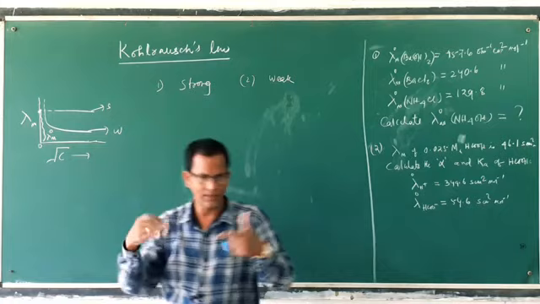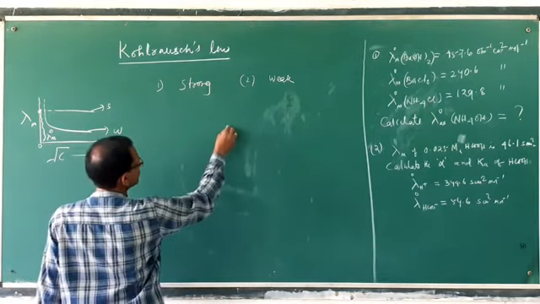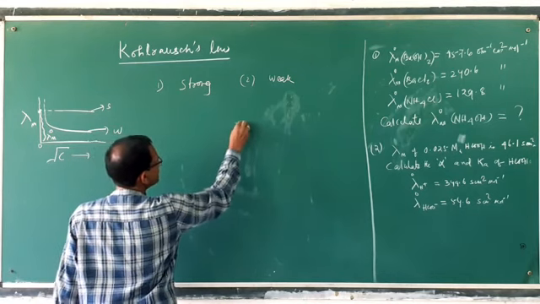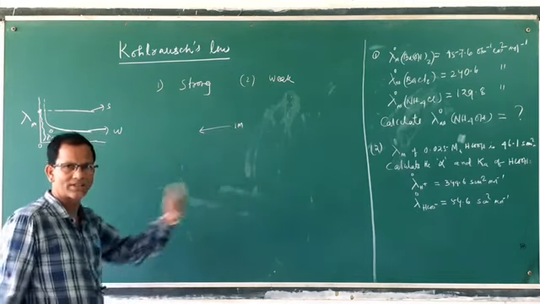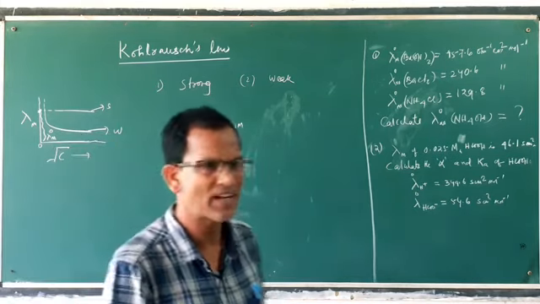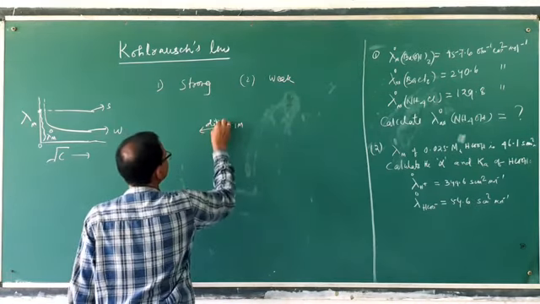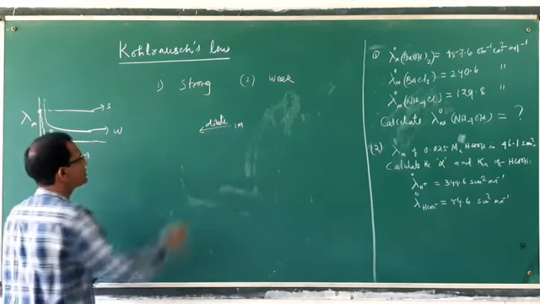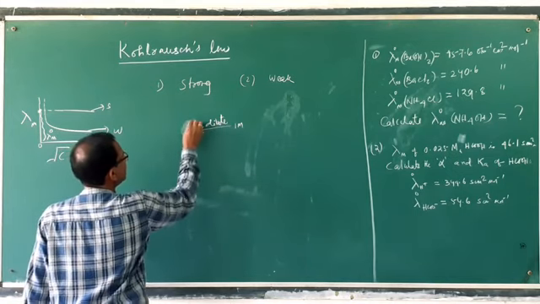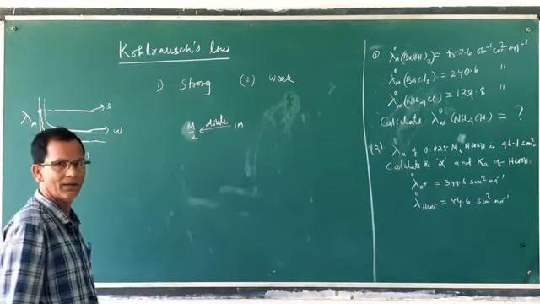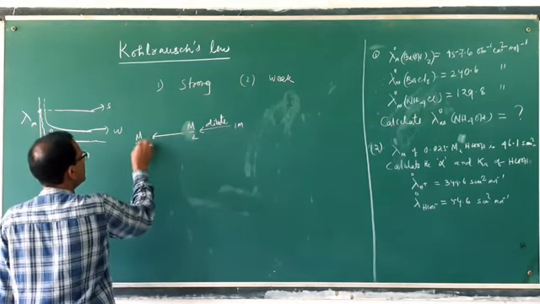If you take different solutions, for example, you start from a particular concentration, suppose 1 M, then add water twice the volume, that is dilution, then the concentration will be M by 2. If you double the volume again, it will be M by 4.